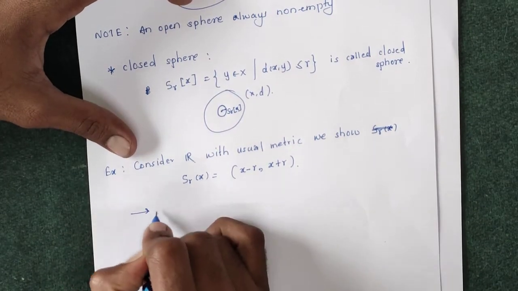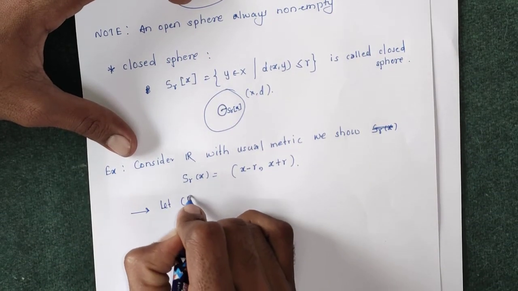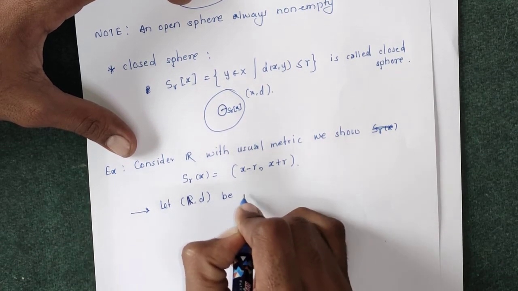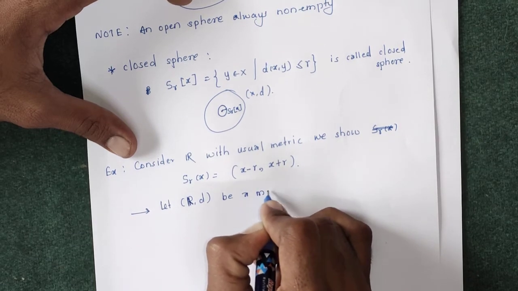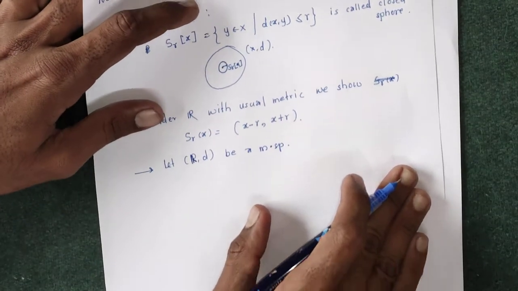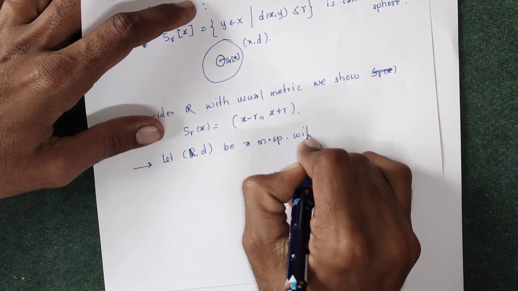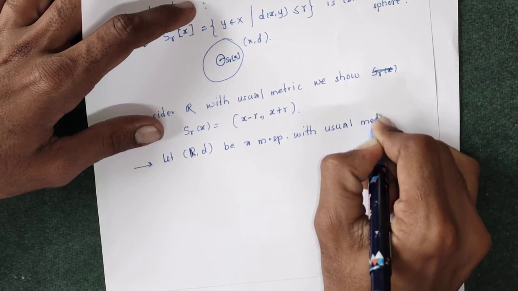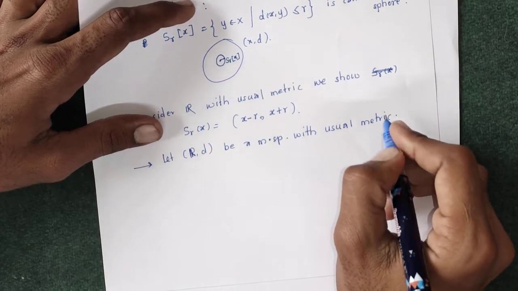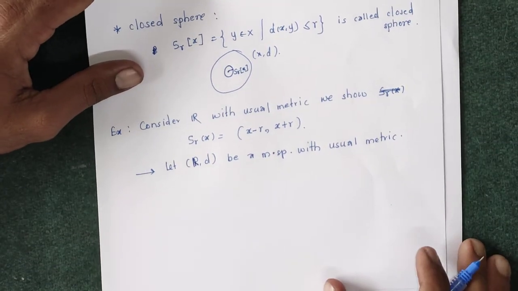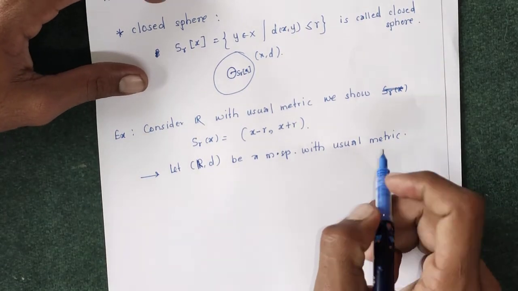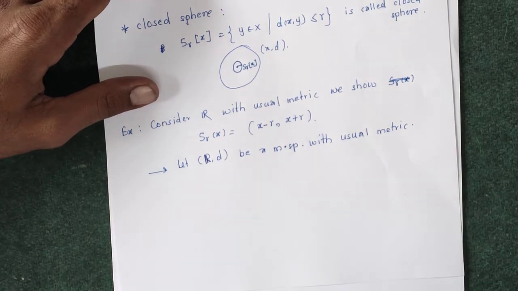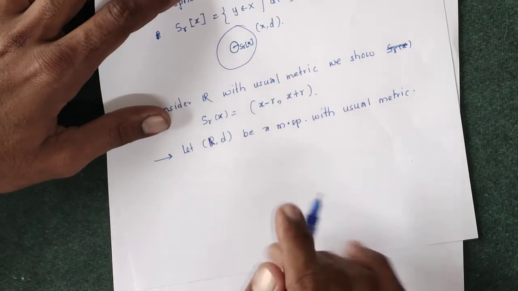So here we have given that (R, d) is a metric space with usual metric. Usual metric, standard metric and absolute value metric are the same metrics, and the definition of usual metric is d(x, y) equals mod x minus y.